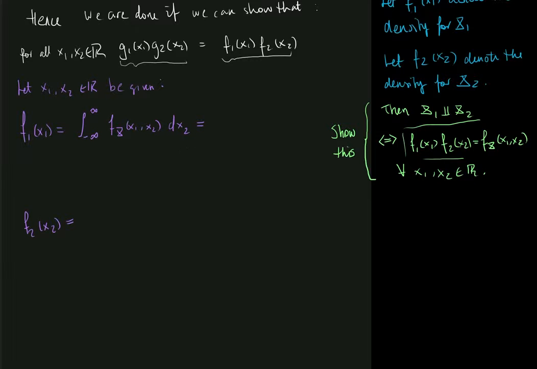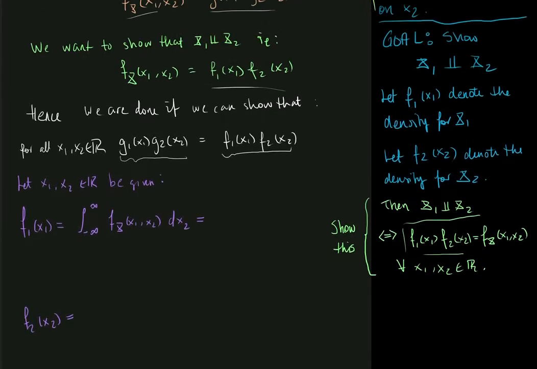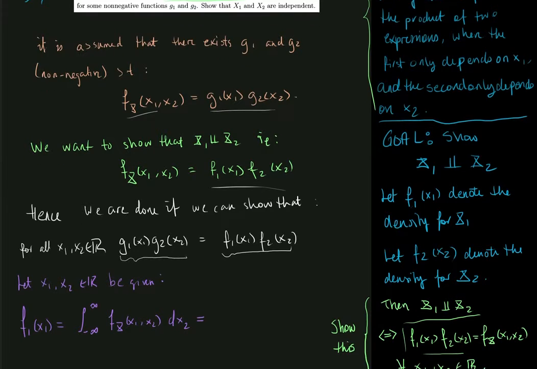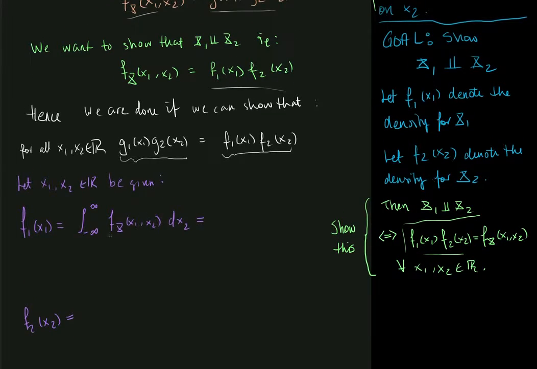Now, by assumption in this exercise, the simultaneous density can be split up into the product of g1 of x1 and g2 of x2. So that is what we will do here, because we want some way to include g1 and g2. So here we have the integral from minus infinity to infinity of g1 of x1 g2 of x2 with respect to x2.